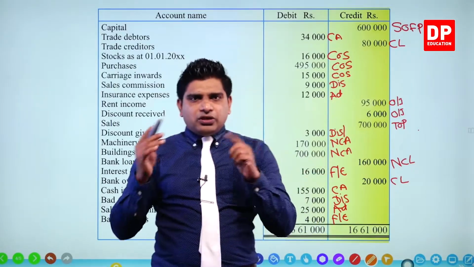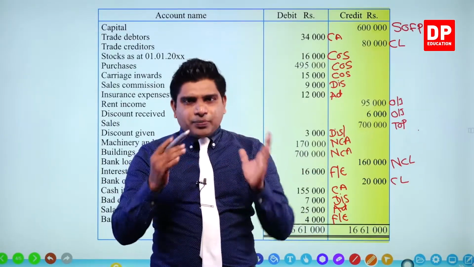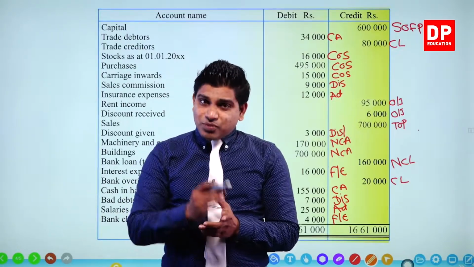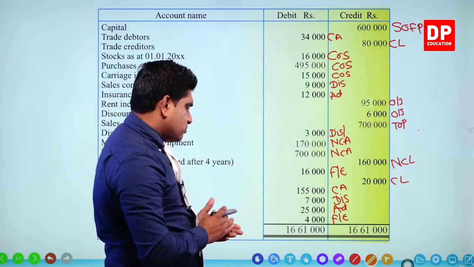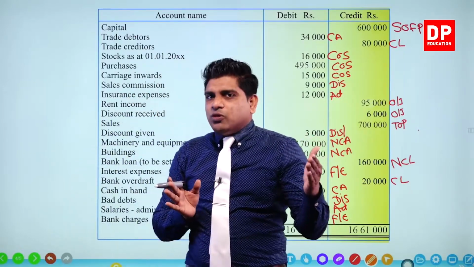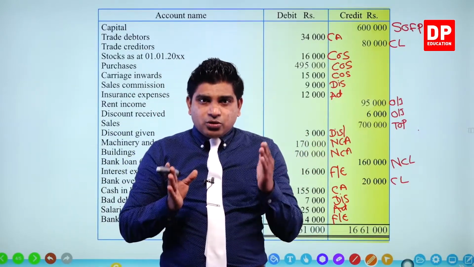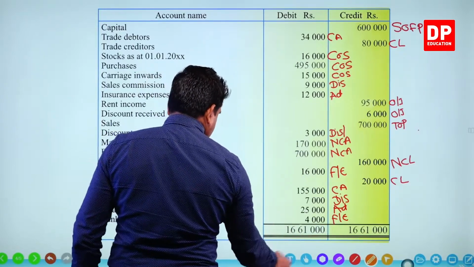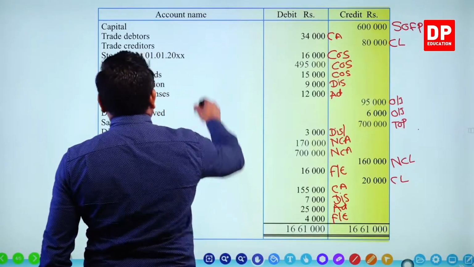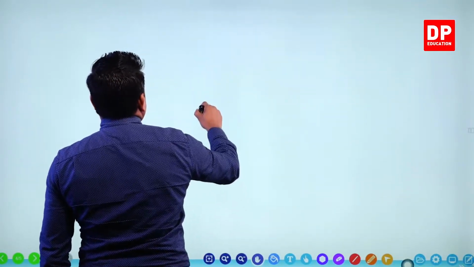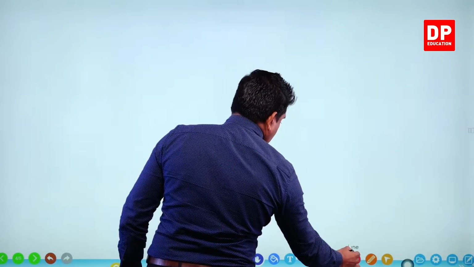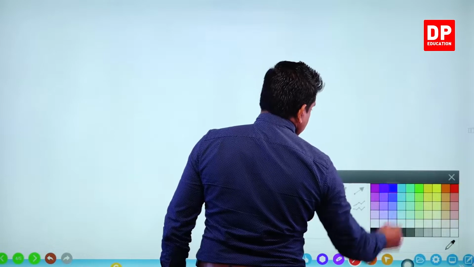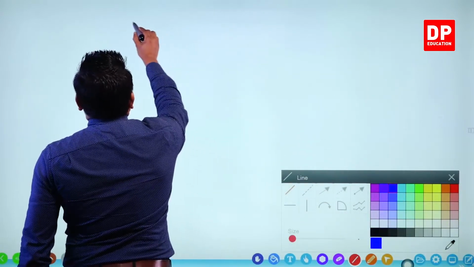Now you can refer the details and we can prepare what? Profit and loss statement and statement of financial position. Okay, now let's draw. Everyone take care, CR book or any papers to do the question with me. First we have to draw what? First we have to draw profit and loss statement.